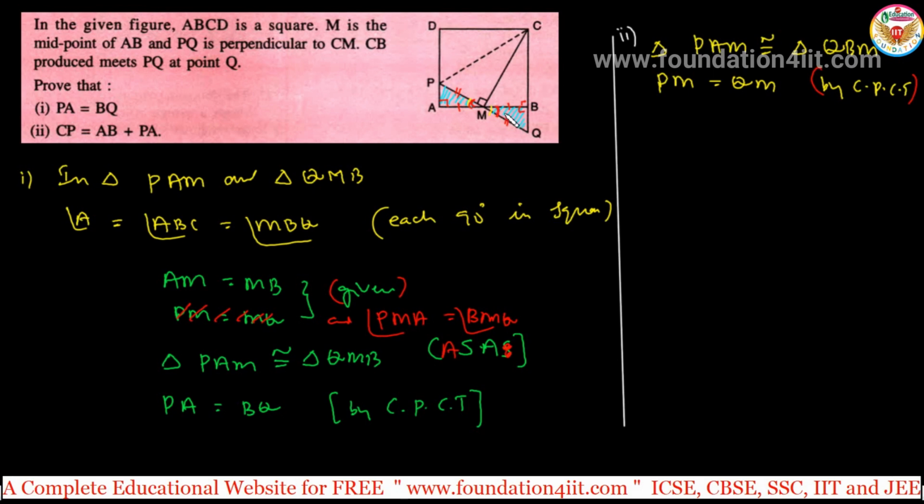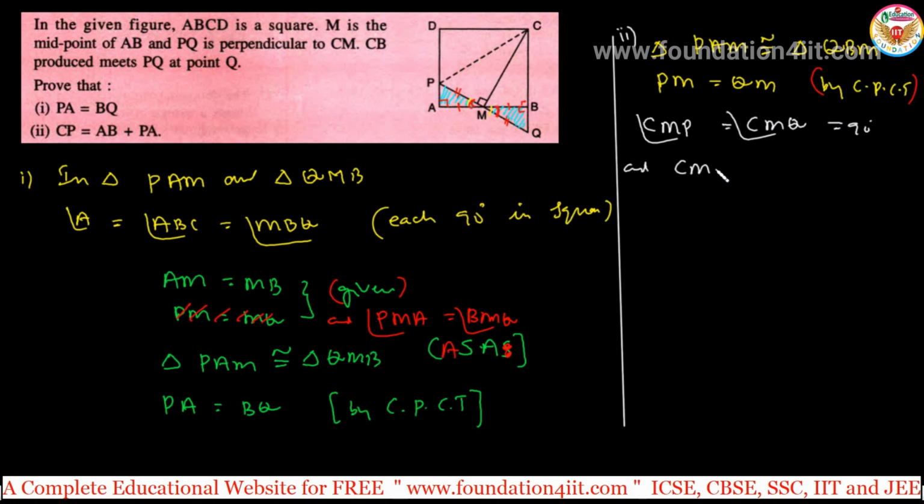We got it, right? Next, every angle is 90 degrees. Angle CMP and angle CMQ are equal to 90 degrees, and CM is equal to CM. CM is a common side. So I am taking these two triangles.